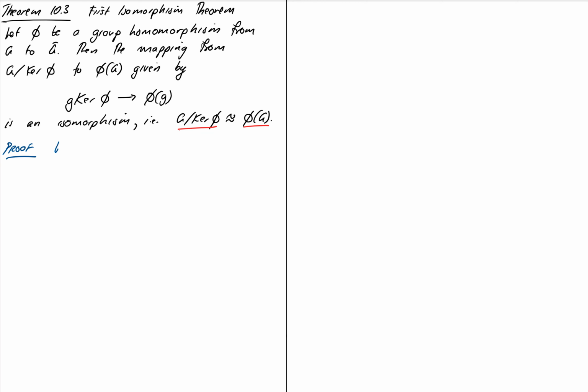Okay, so we'll let psi denote the mapping specified there, where the coset g kernel phi is mapped to phi of g. First off, psi is well defined, from our homomorphism element properties.